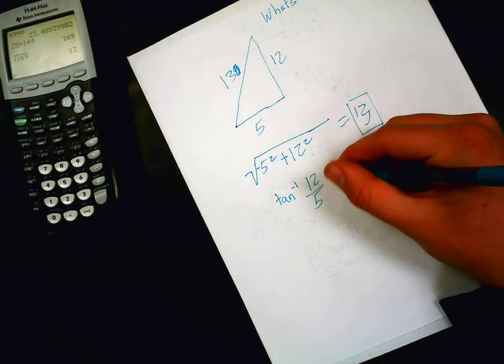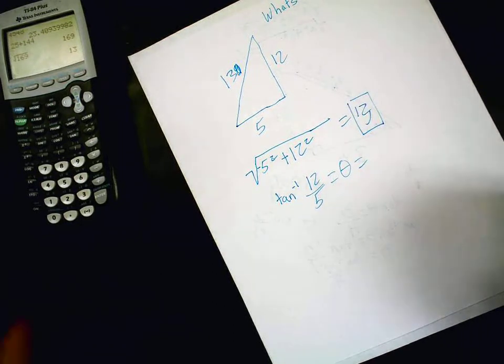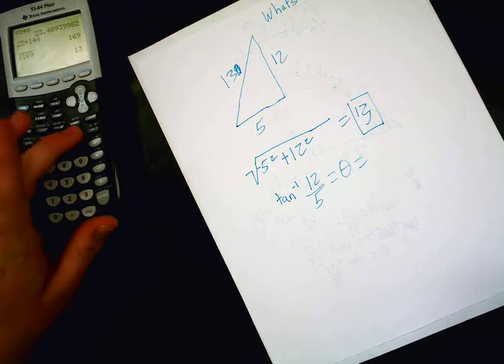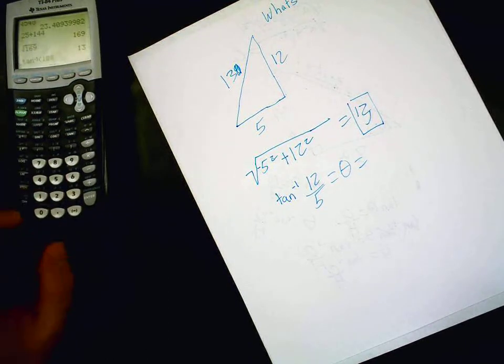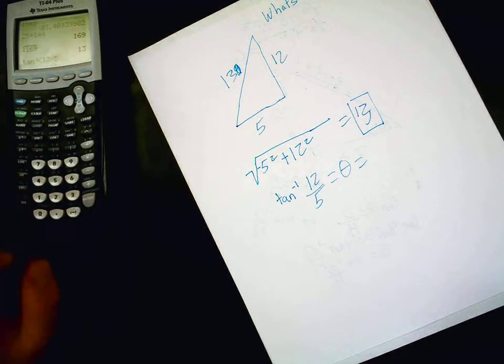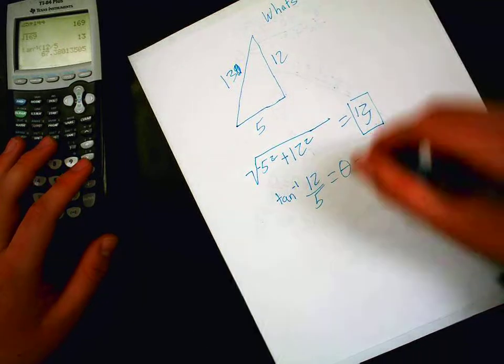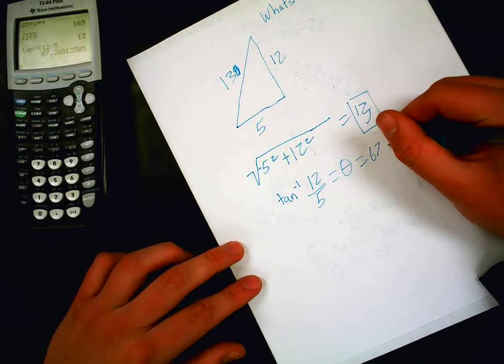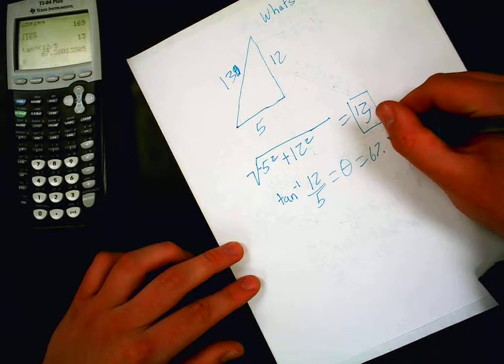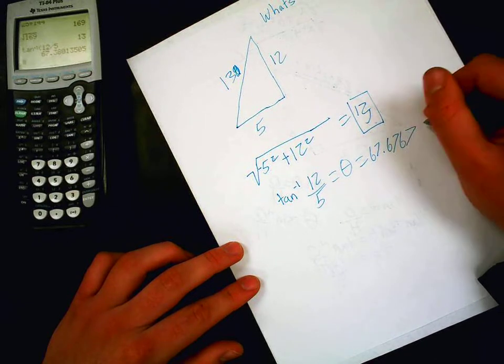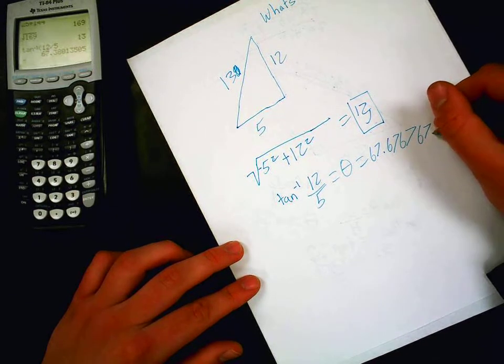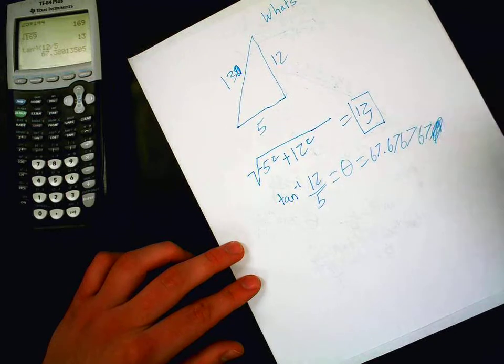And we'll get a beta, and that equals, let's see, this is a surprise, 12/5. Ooh, 67 degrees. 67.9. No, that's not how numbers work.